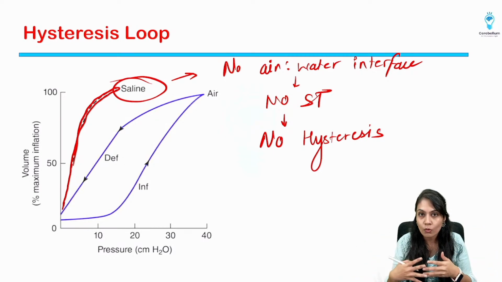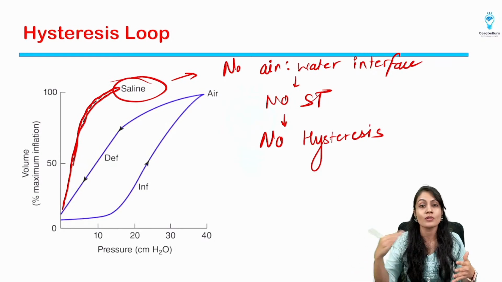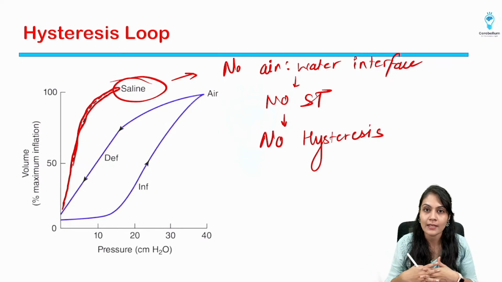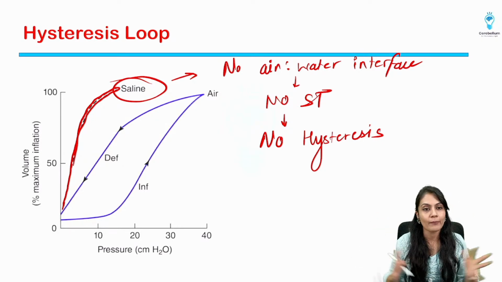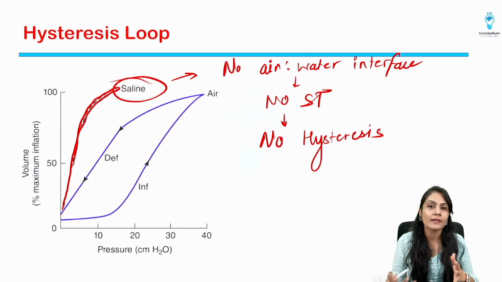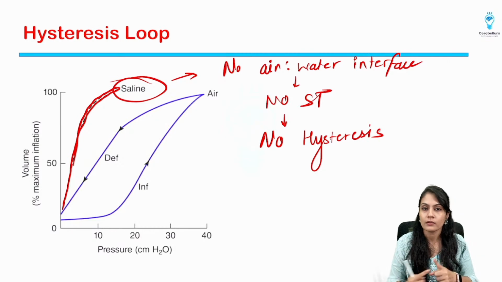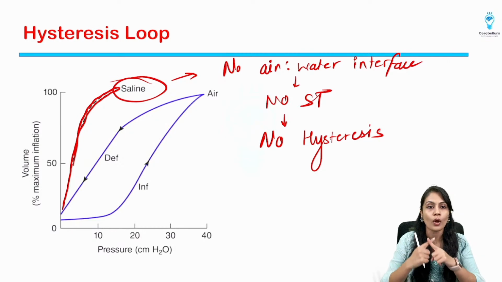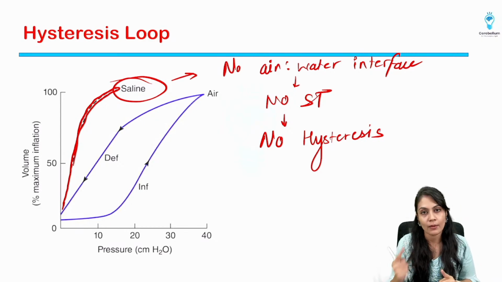There is no inward force against which I have to act during inspiration, and no surface tension acting along during expiration. Whatever is there, it is the saline against which my lungs have to work, and that is not giving any difference between inspiration and expiration. That's why hysteresis is not going to be there in the case of saline, but it is going to be there if there is an air-water interface. That is the only thing.